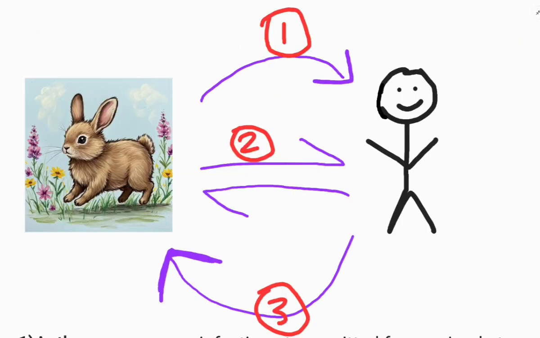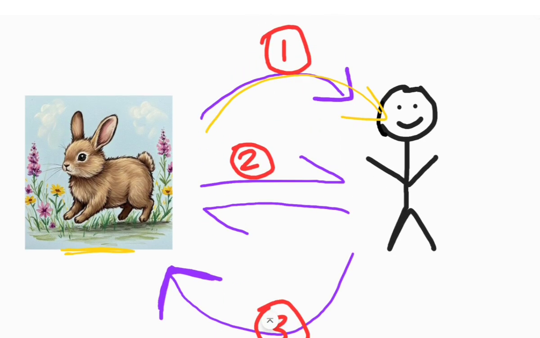Before diving into the definitions, for which I'll provide an easy trick, let's just understand the three situations that are possible. In the first case, the animal is a reservoir host and it transmits the infection to the human.